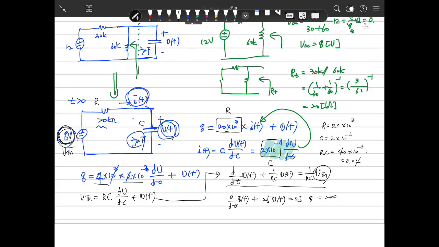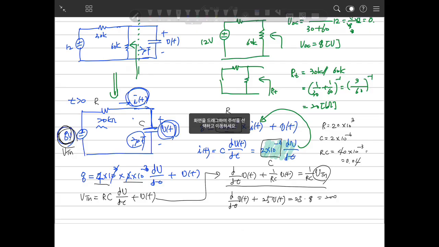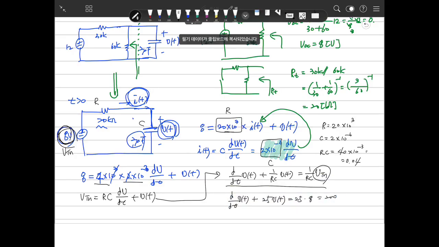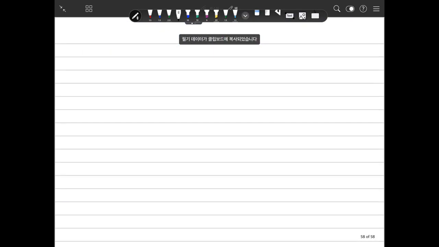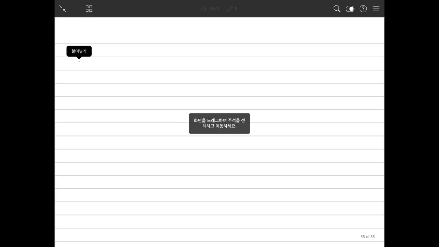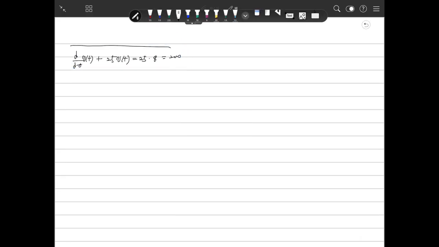Okay, we will solve this equation here. So what is the Vt? The Vt is a Vn(t) plus Vf(t). So what is Vf(t)? We have to solve the Vf(t).